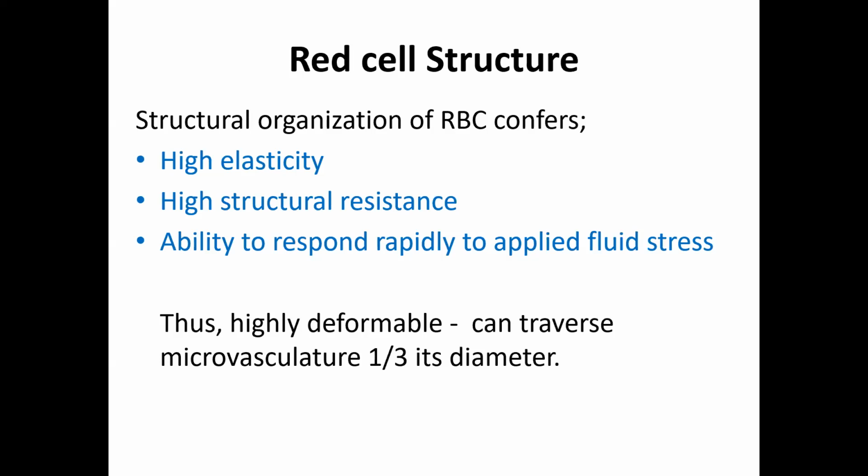The normal red cell, because of that biconcave shape, can absorb more water than a red cell that is spherical, because a spherical red cell will not be able to absorb more water and will burst, or will lyse, whereas a red cell that has a biconcave shape is able to absorb some water. And that's what we mean, it can respond rapidly to applied fluid stress. And therefore, this red cell is highly deformable, versus microvasculature about 1/3 its diameter.